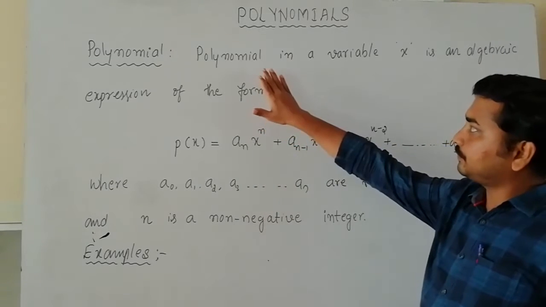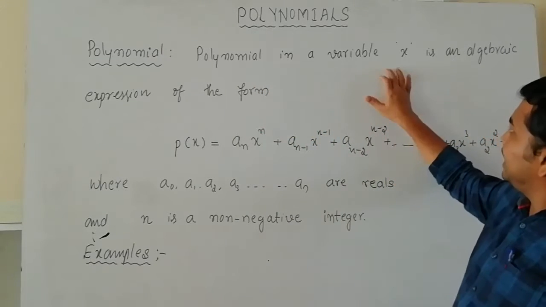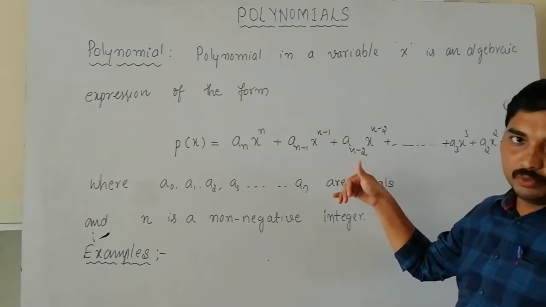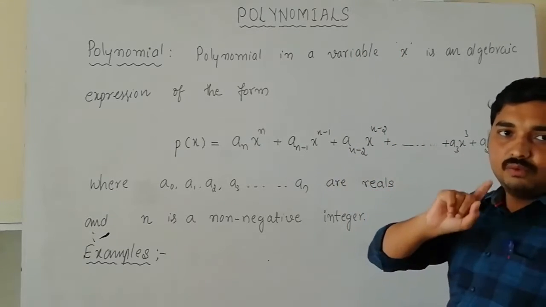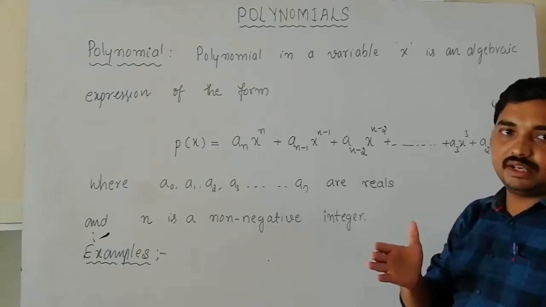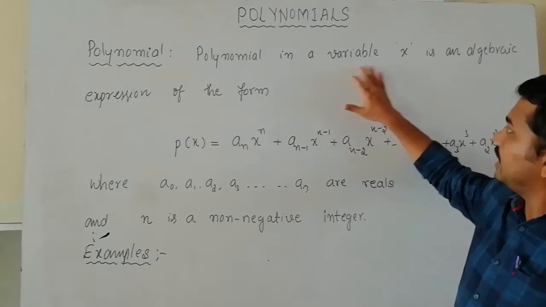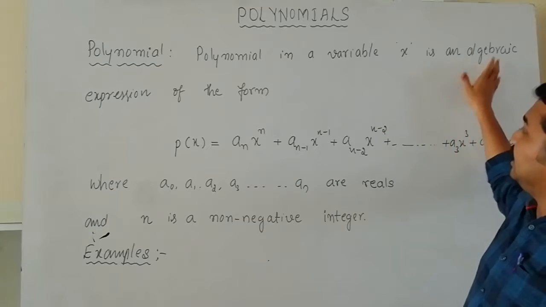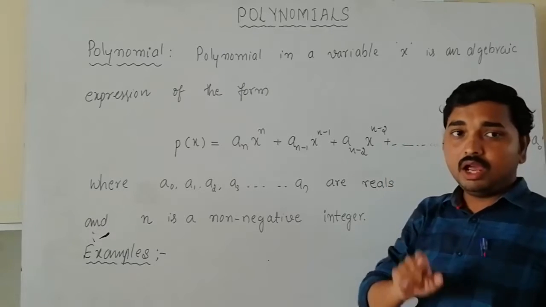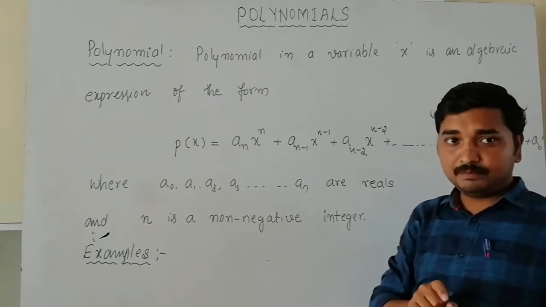Now look here, a polynomial in a variable x. I'm going to write a polynomial in which the variable is x. What is the variable in the polynomial? The variable is x, and it is an algebraic expression. Definitely it should be an algebraic expression, but there is a general form.